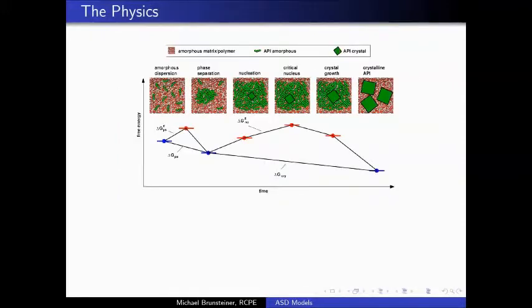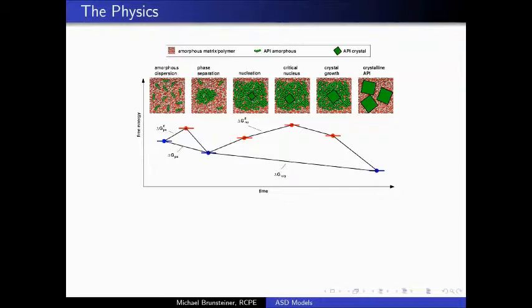Good. So that's basically the physics. We start at this amorphous solid dispersion. It's basically a random mixture of API compounds with some polymer. And as I said, the free energy minimum is typically at the crystal side of things. So the question is, how long does it take to get there?